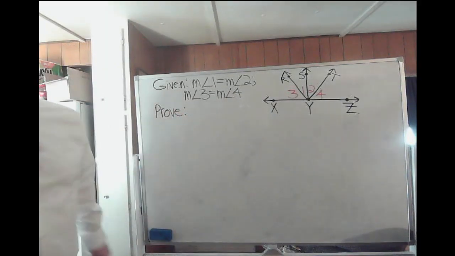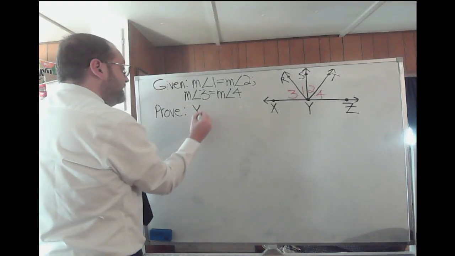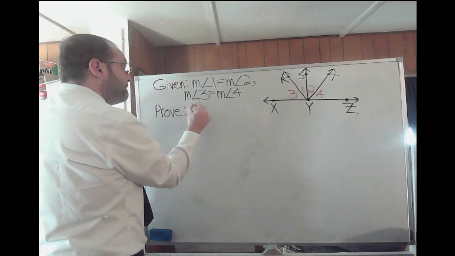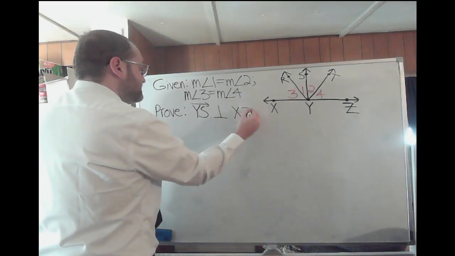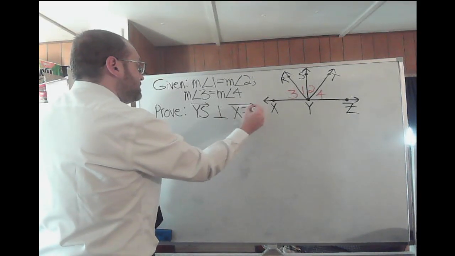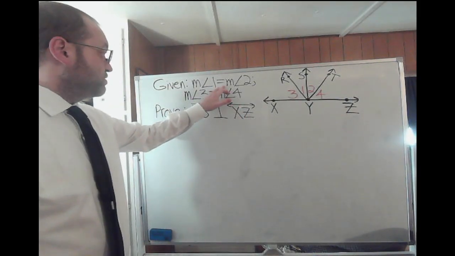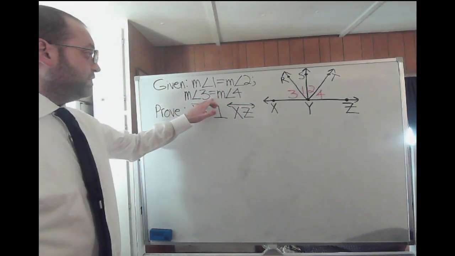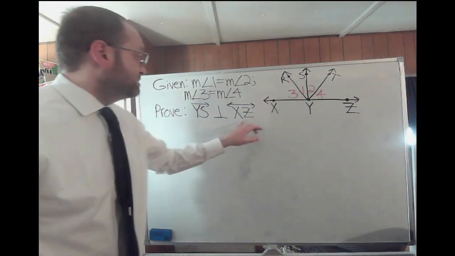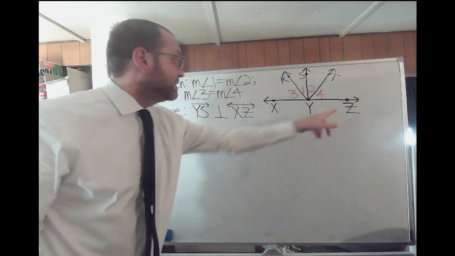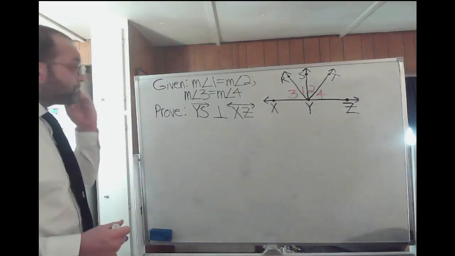We are being asked to prove that ray YS is perpendicular to line XZ. So we've been given that the measure of angle 1 equals the measure of angle 2, the measure of angle 3 equals the measure of angle 4. We have to prove that ray YS is perpendicular to line XZ. So let's get started here.